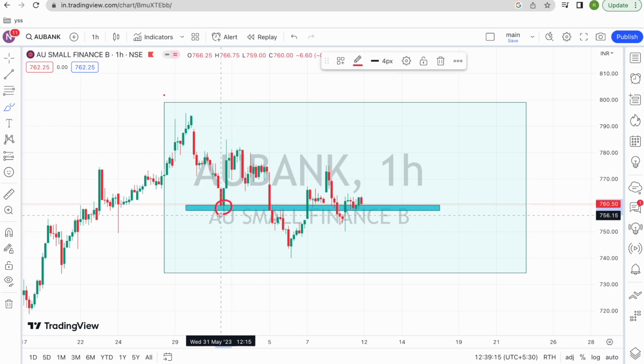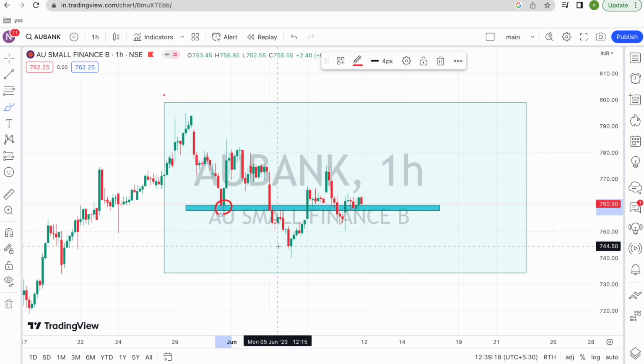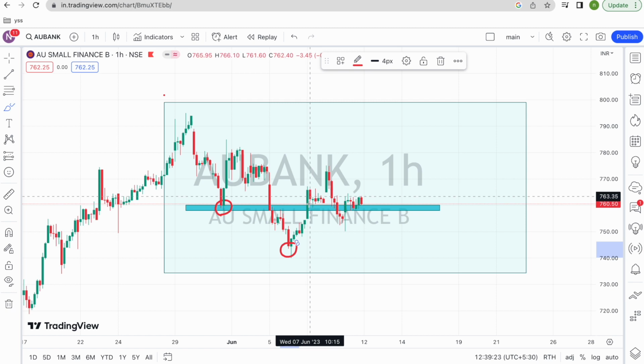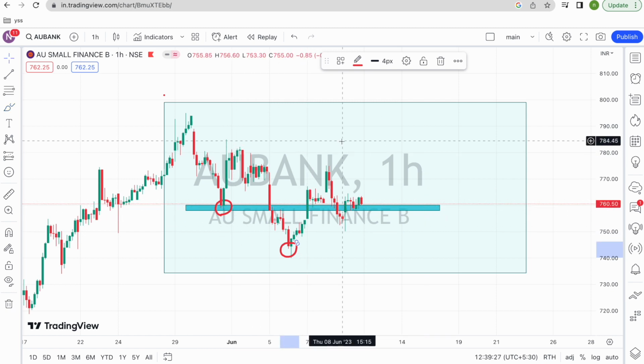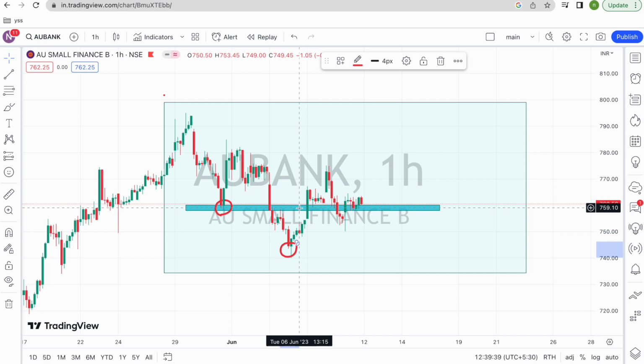First is this point, and the second is around this point. If you look at these moves from the buyers, they're strong, which means that after this particular fall in AU Small Finance Bank, buyers are trying to begin to keep their hold in this particular stock.